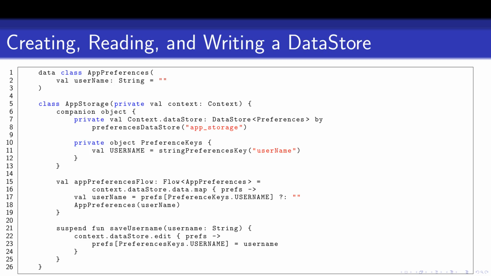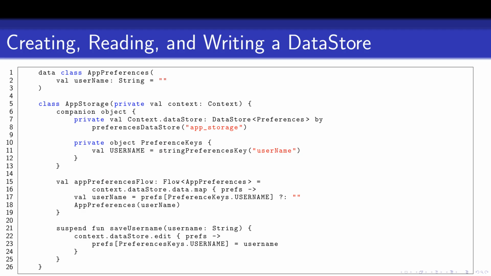This code snippet defines an AppStorage class, which creates a DataStore Preferences object to manage preferences in a file on the device. It sets up keys using stringPreferencesKey, intPreferencesKey, and booleanPreferencesKey for values like username, high score, and dark mode. It includes a flow that maps stored values to an AppPreferences data object.